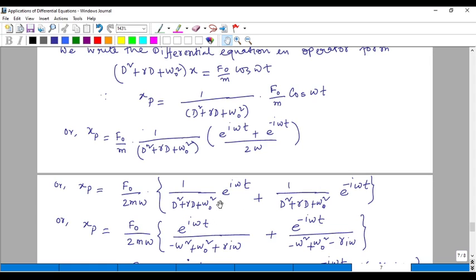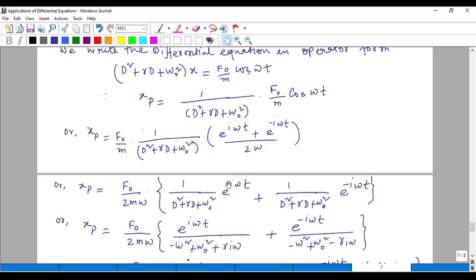Now we know that when the function is in exponential form, and this operator is a polynomial function of D, then D is replaced by the coefficient of time in the exponential term.